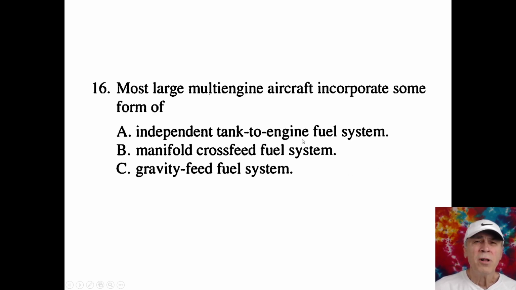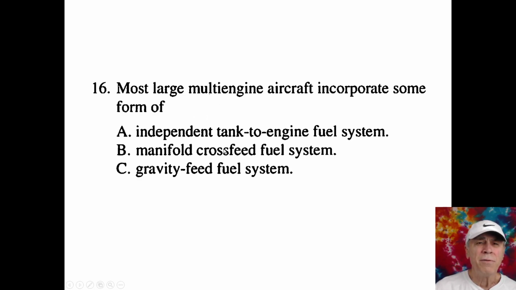Most large multi-engine aircraft incorporate some form of A, independent tank to engine fuel system. Kinda, maybe. Let me think about that. B, manifold cross feed fuel system. Oh, much better answer. Or C, a gravity fed fuel system. Well, definitely not for a large multi-engine.